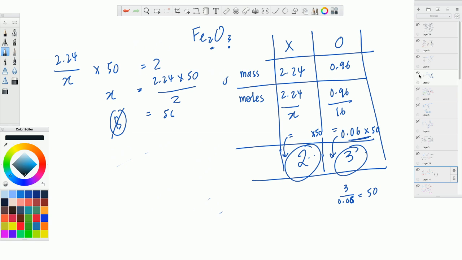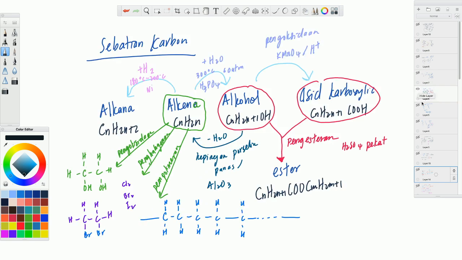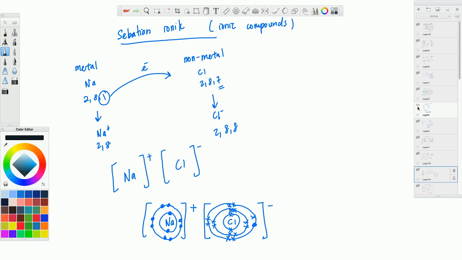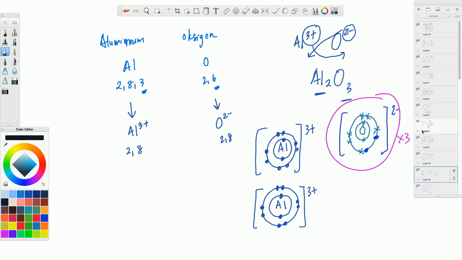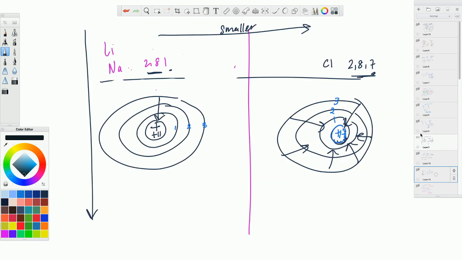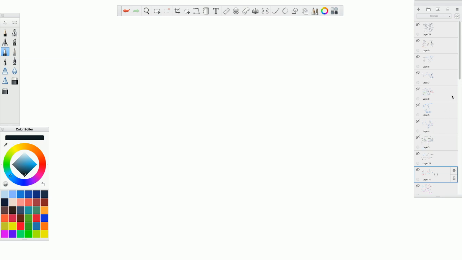We talked about, please make sure you practice all your empirical formula, okay? Sebatian karbon, kita ada buat rumusan tentang sebatian karbon. Again, ada banyak video tentang sebatian karbon dalam SPM Flex, okay? Okay, we talked about sebatian ionic, macam mana nak membentuk sebatian ionic, dan bezanya saiz antara atom-atom dalam jadual berkala.